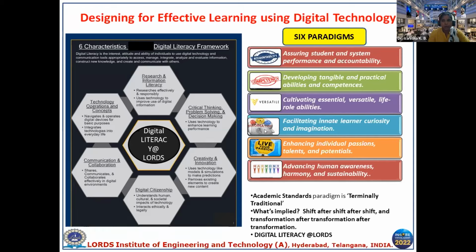And also it enhances talents and potentials and advances human awareness, harmony, and sustainability. Actually, the academic standards paradigm is traditional, but what it implies is a shift after shift driven by technology. What we have to do is ensure transformation happens in education. That transformation is possible through technology.